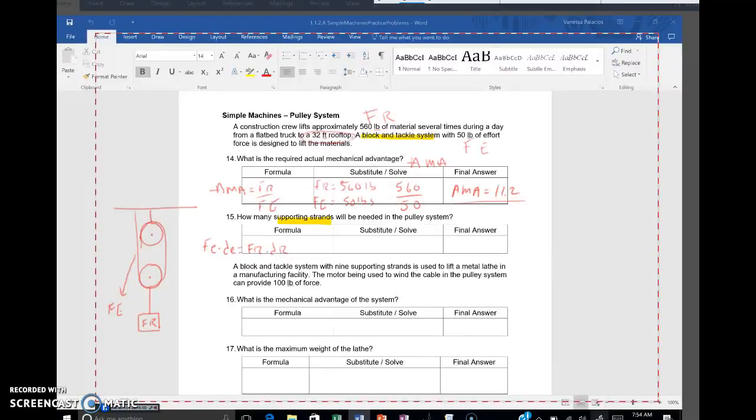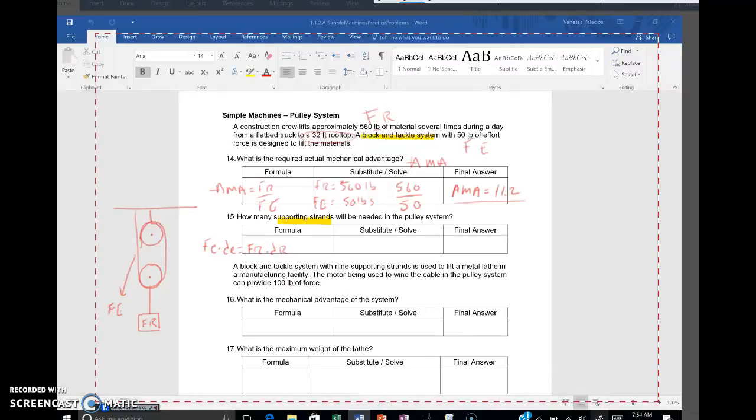One thing in a pulley system is that when we define the DE and the DR for a pulley system, it's a little different than the way it is for a wheel and axle and for a lever system. The DE, remember, is always measured, in the wheel and axle and the lever, from the fulcrum to the force effort.